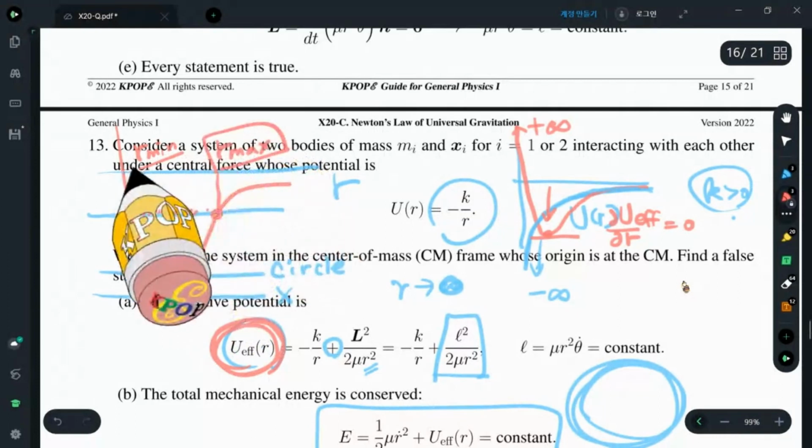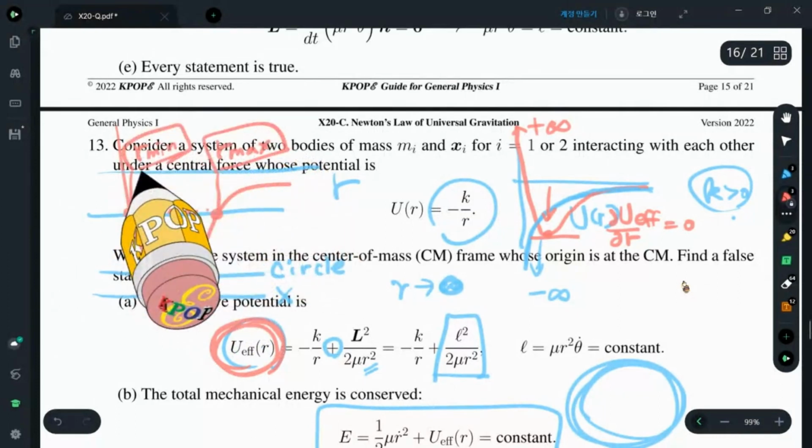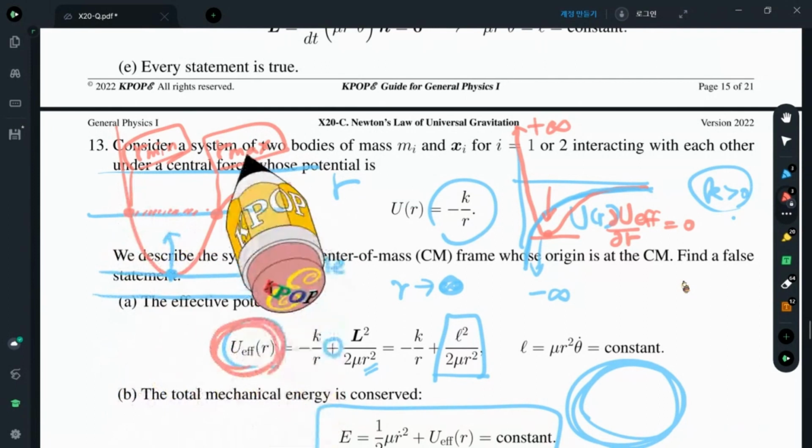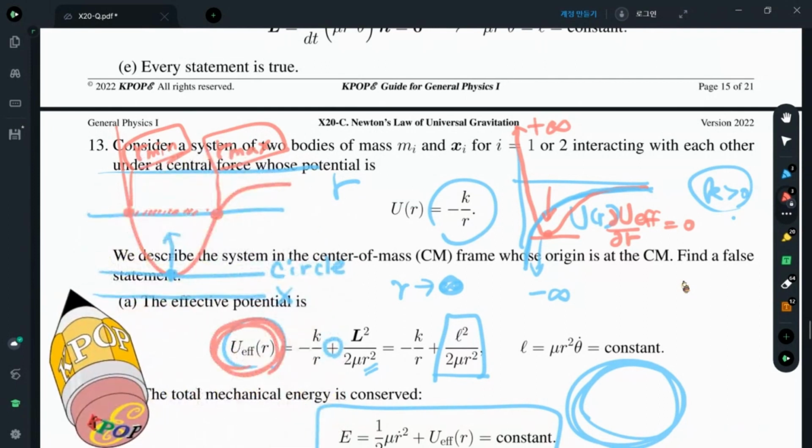And actually, nobody knew that, including Newton, but Kepler found the orbit, not using these formulas, but by analyzing the data collected by Tycho Brahe. Kepler found the orbit of planets are just ellipses.